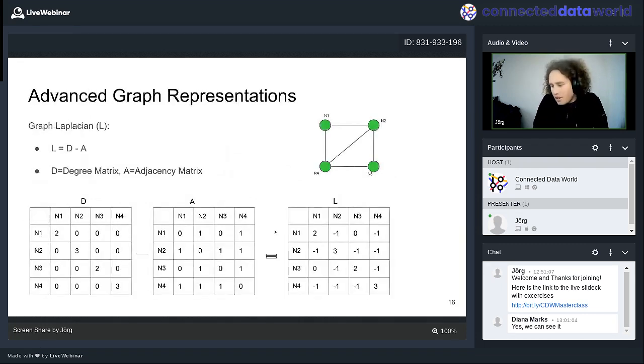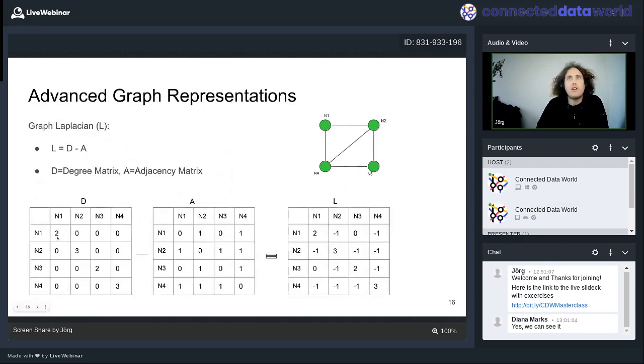If we get later into more advanced topics, such as spectral graph machine learning, we also deal with slightly more advanced representations, such as the graph Laplacian, which is, in short, just the degree matrix minus the adjacency matrix. The degree matrix is basically the degree of each node on the diagonal. So N1 has degree 2, so we have 2 edges, and N2 has 3, and so on.